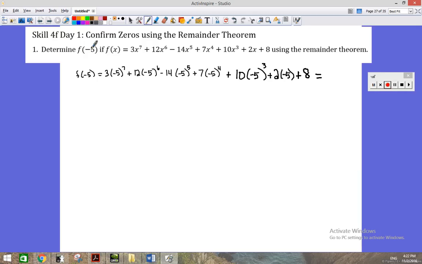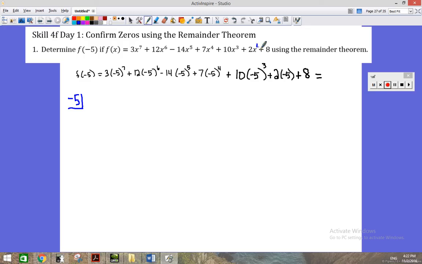They're wanting me to evaluate this at -5. Well, I can do synthetic division with my 0 being -5. For synthetic division, I need the expression to be in standard form. So the exponents need to be in descending order, and it is.